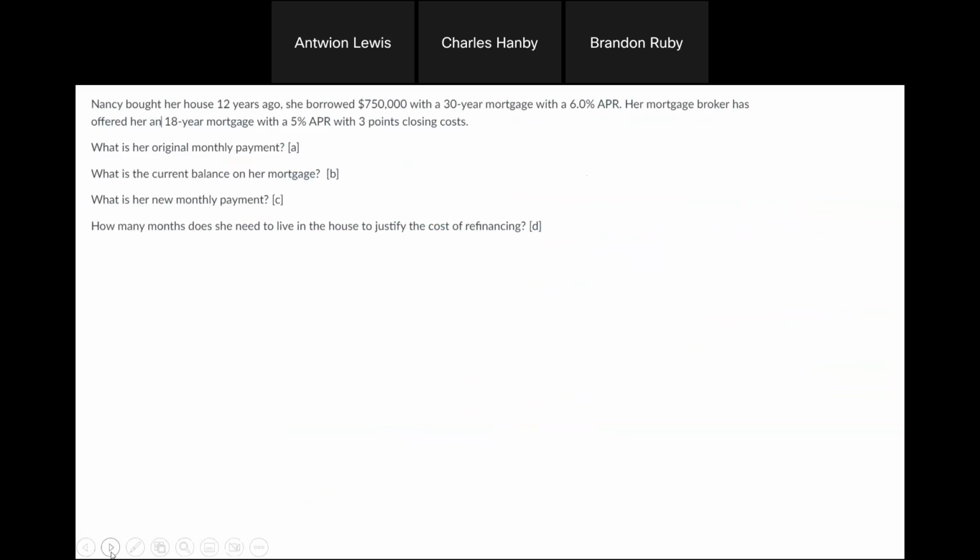But these lenders, they'll push things like refinancing to shorten the term of your mortgage, and all they're doing is generating fees for themselves. You can effectively accomplish that by just paying extra. So if you want to pay your loan off in 15 years, you enter 15 times 12 and put in all the other relevant information and compute the payment that you need.